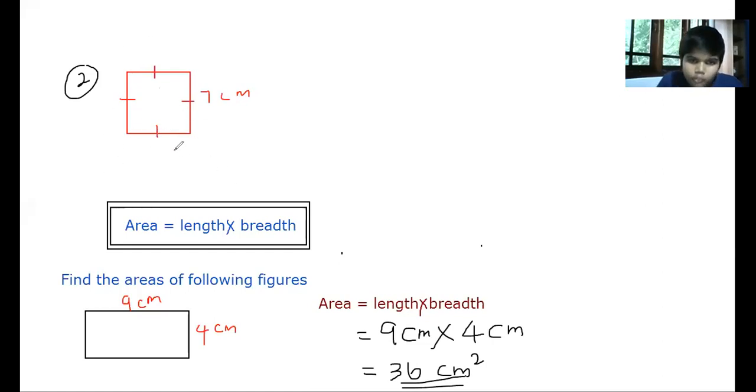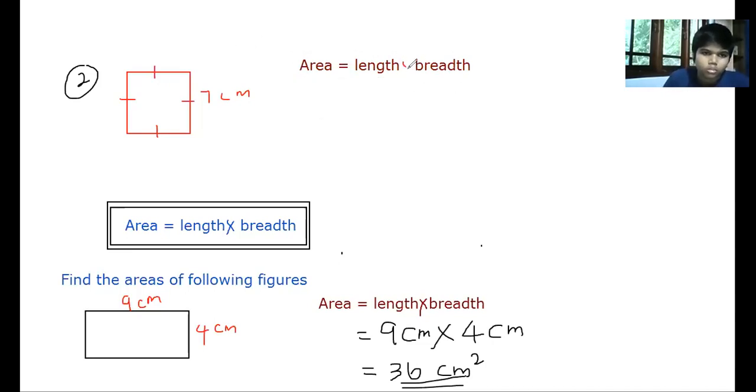I think you can see this figure is a square. Side length given is 7 centimeters. Okay, we have to find the area. When you find the area, first you have to write the formula. Area equals length multiply breadth. Right, area equals length multiply breadth.